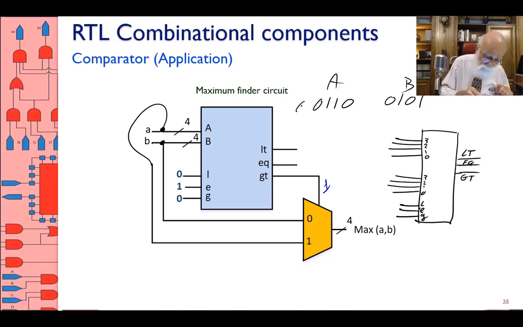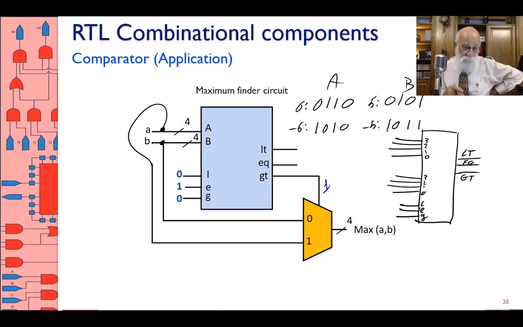So this is 6, this is 5. This is minus 6. This is minus 5. This is a magnitude comparator. You know the numbers are negative, but this one is seeing two numbers, and it's looking at it as 1, 0, 1, 1, that is 11, and therefore it's saying this is larger, and it is correct. So for as long as the two numbers have the same sign, it's correct.